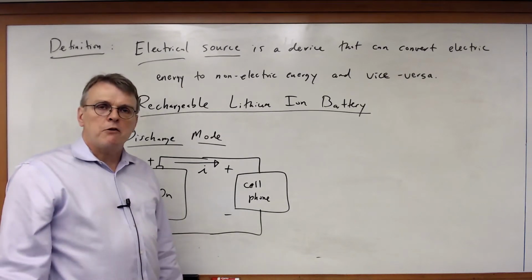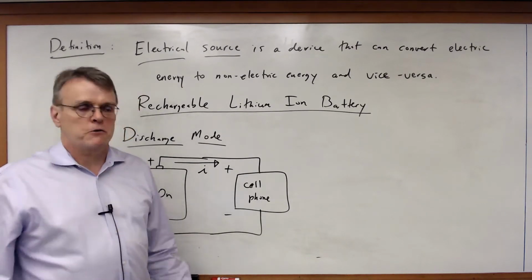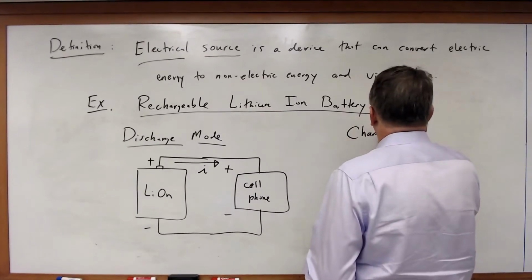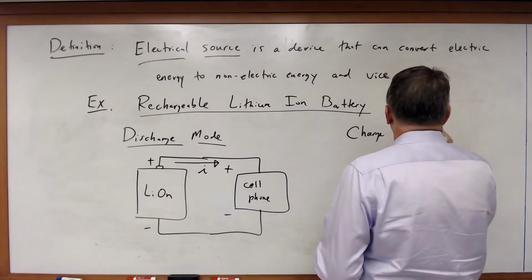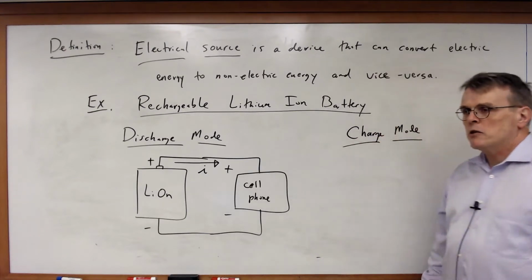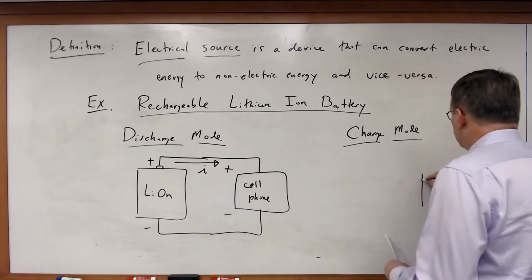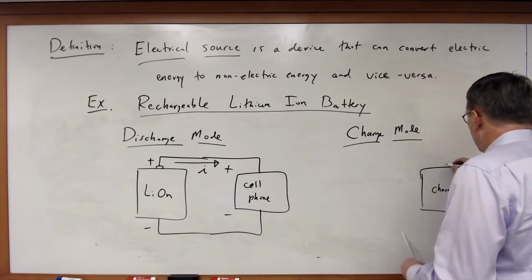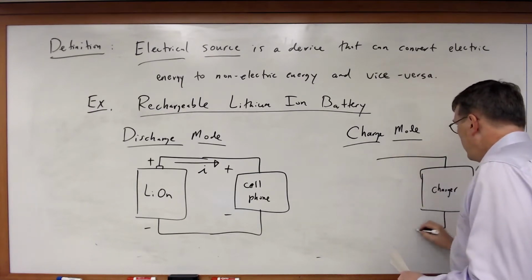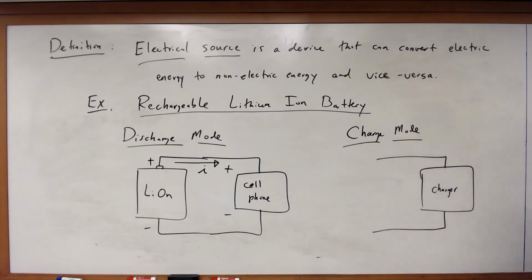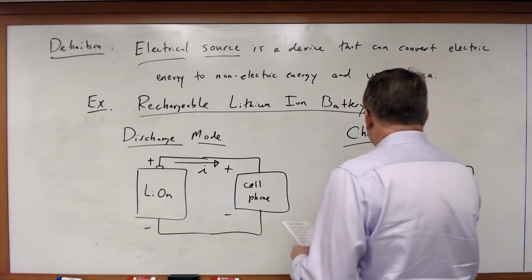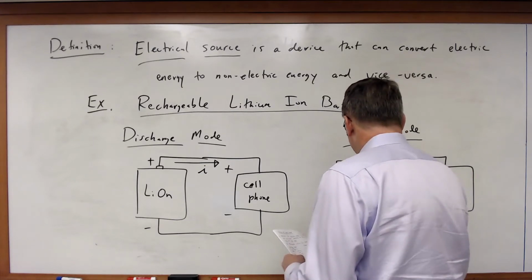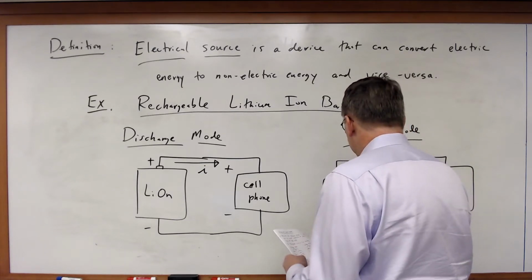Then what do you do? You go home at night, you go to bed, you plug your phone into the charger. And then you go into charge mode. While you're in charge mode, your charger now starts generating power. It reverses the flow of current through the lithium-ion battery in your cell phone.